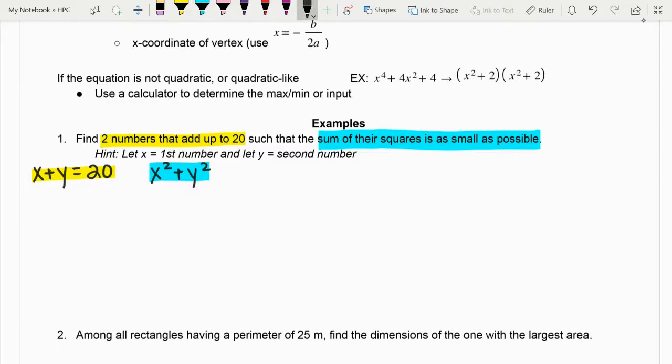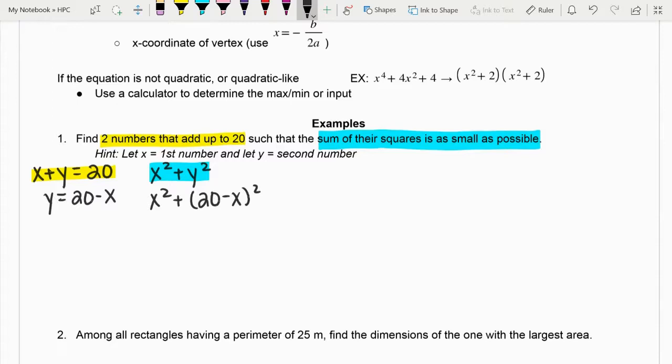So now I have y is equal to 20 minus x, and I'm going to substitute that into the sum of their squares. So we will have x squared plus, now instead of y, I'm going to write 20 minus x squared.